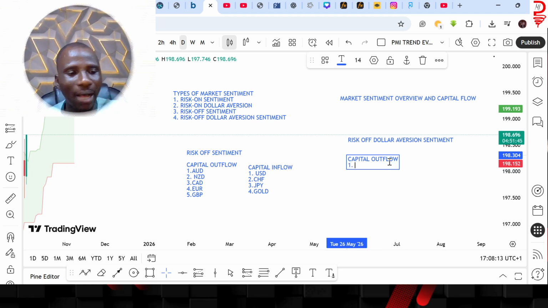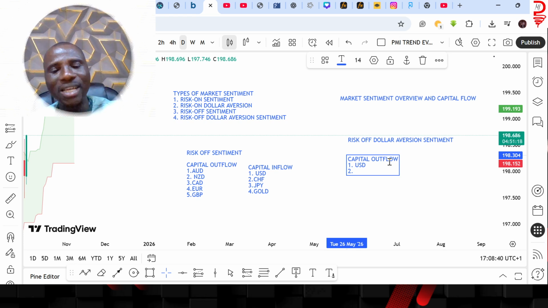Dollar aversion means that investors are losing confidence in the United States economy, so they are dumping the dollar massively. So you will notice that there will be outflow of capital from the US dollars. This is where you will see the DXY will be selling predominantly. So capital outflow away from the US dollar.